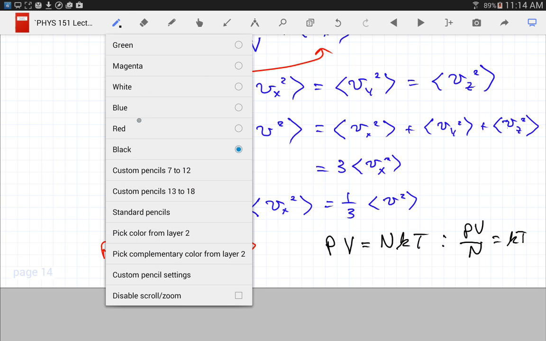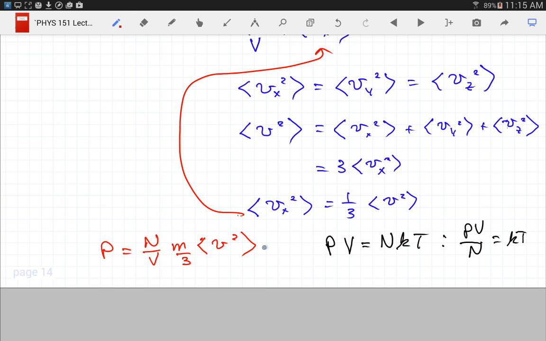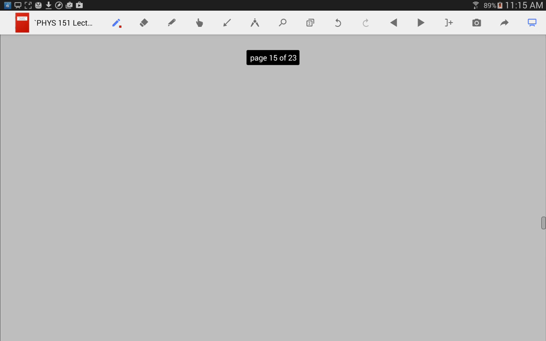On the left side, I would have PV over N equals 1/3 m v squared.